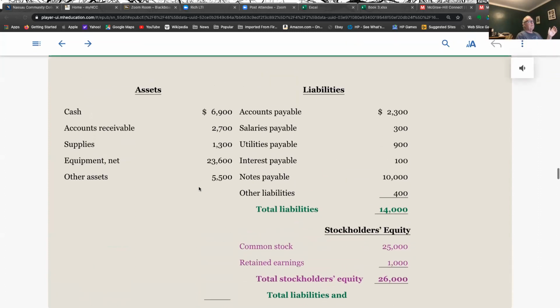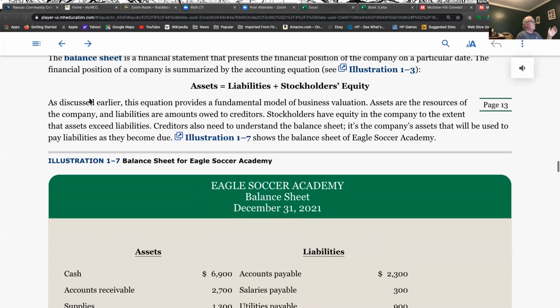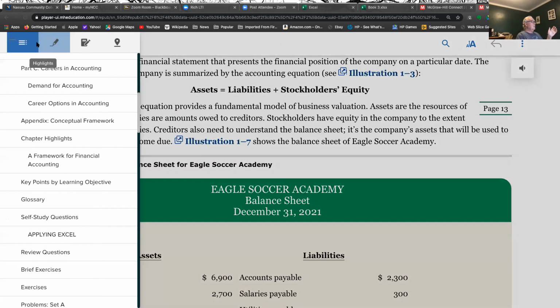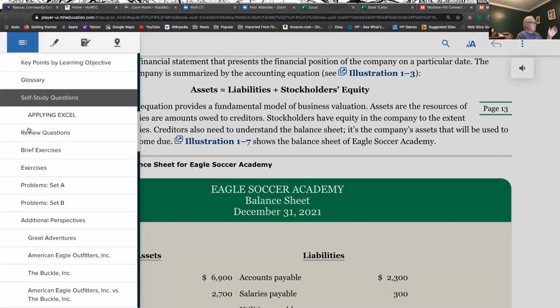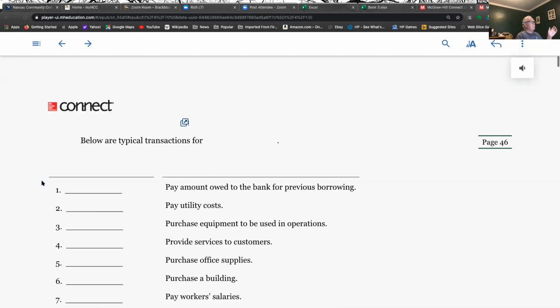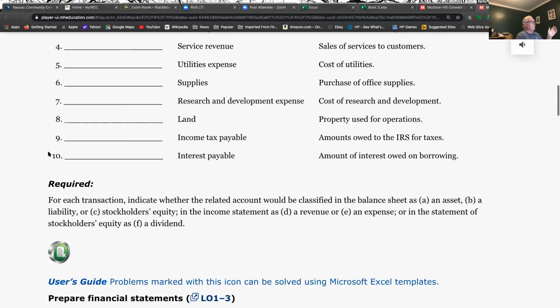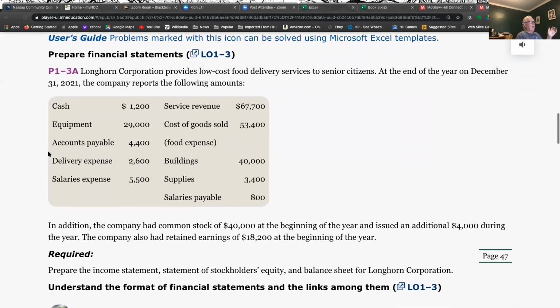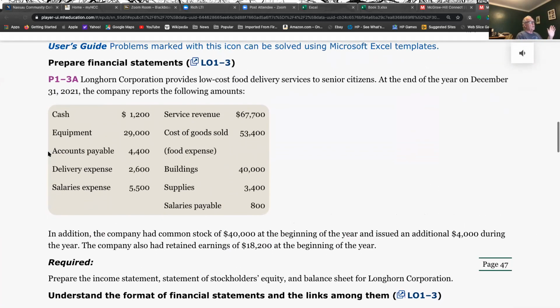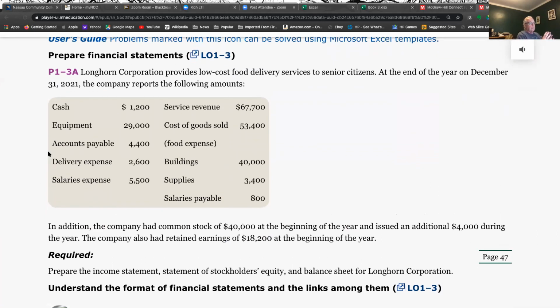All right, so with that in mind, we can take a look at the homework problem. So we had problem 1-3A, and I see a lot of you've either done it or started it, and I'm encouraged by that. Thank you. And let's take a look at this one.